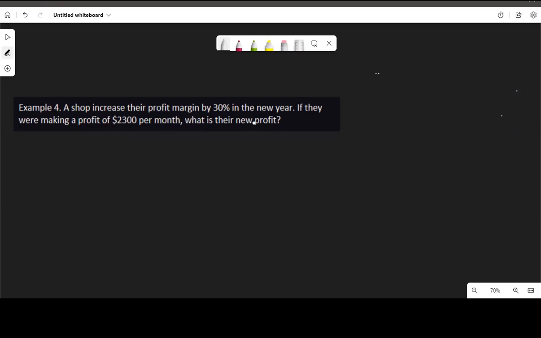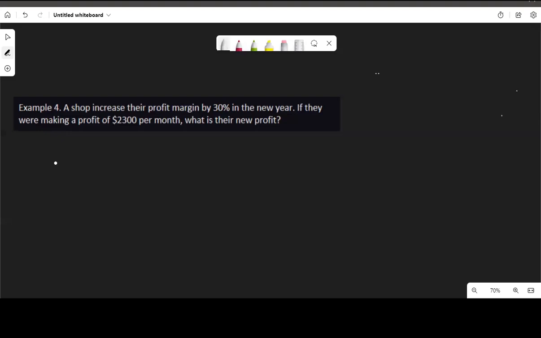Okay, as we have been doing since the beginning of the class, where we use different approaches, two different methods to find the percentage increase and decrease. We are going to do the same thing in this last example. I'm going to use the two methods. So let's get started with the first method.